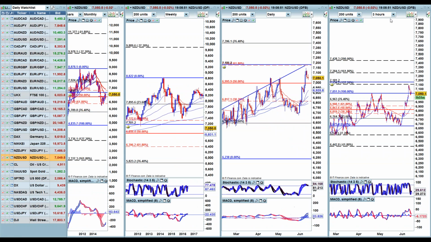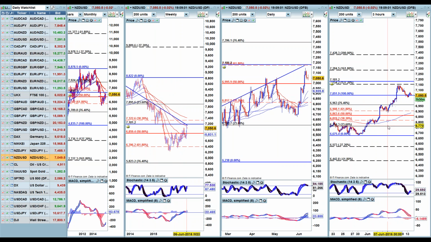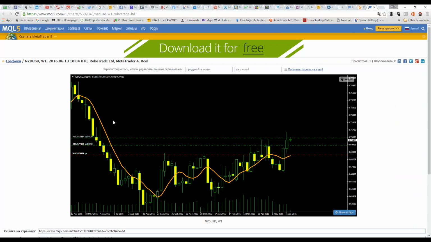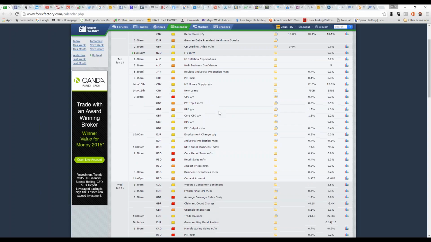We've got a lot of data for the New Zealand dollar this week. We've got GDP and the current account, I think. Let's just have a quick look at that. Yeah, current account tomorrow expected to be good.